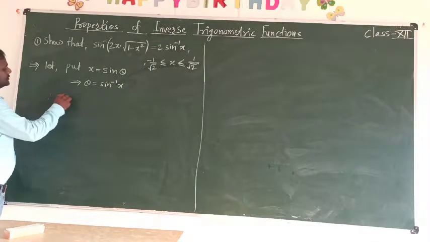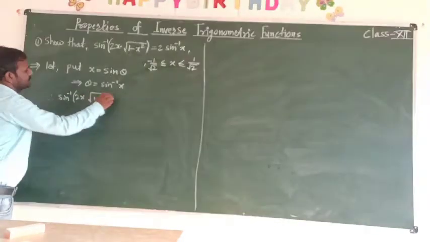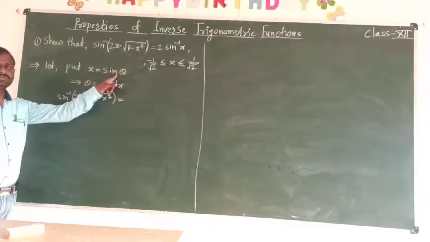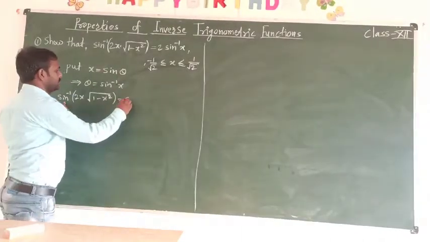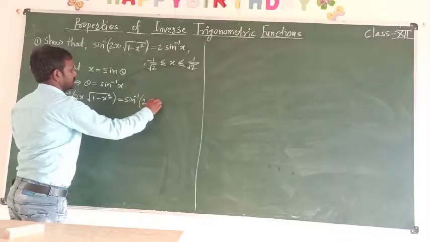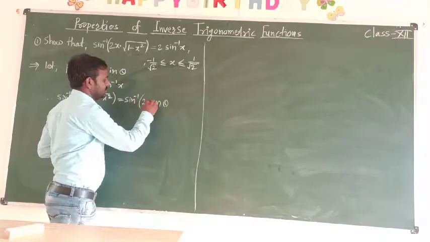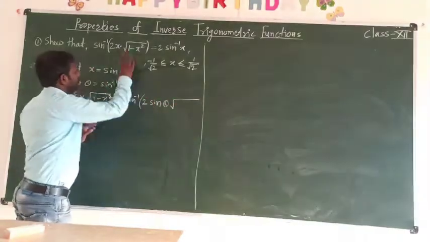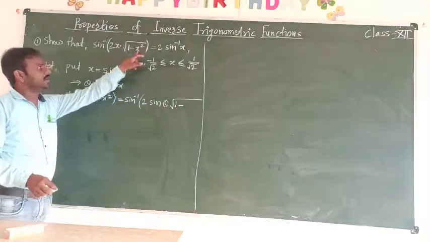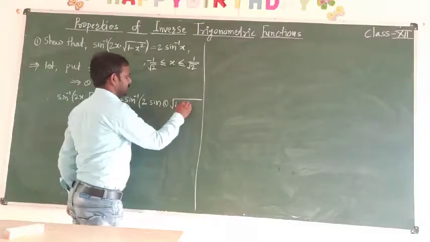Therefore sin inverse of 2x under root of 1 minus x square becomes sin inverse of 2 sin theta times under root of 1 minus sin square theta, since x square means sin square theta.